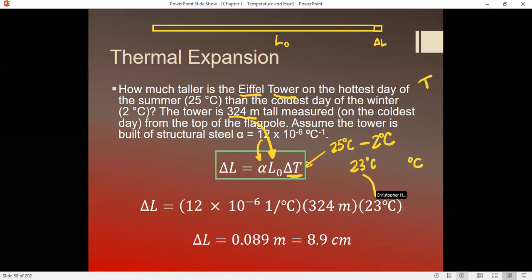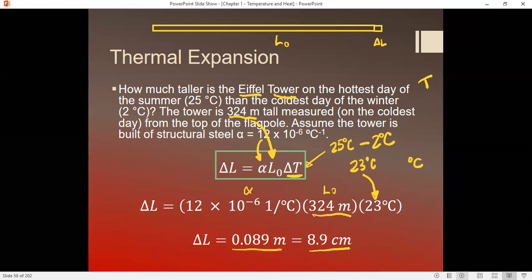I plug that in right here. Originally, it was 324 meters tall. That's my L0. And there's my alpha, my thermal coefficient of expansion. So we multiply everything together. We get a surprisingly small amount. It only changes length by 0.089 meters. That's 8.9 centimeters.